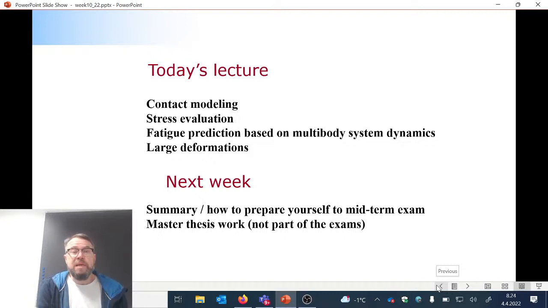Next week, Monday, again, I will be here in the lecture room. I'm going to explain a summary and instructions on how you can prepare yourself for the midterm exam, and then master thesis work, which is not part of the exam. These are my instructions on what makes sense to do when you get started in your master thesis project.